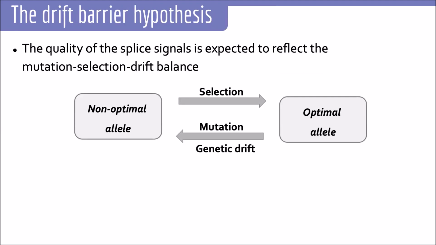And what is expected based on population genetic principles is that the quality of splice signals is expected to reflect the balance between mutation, selection, and drift. So on one side, there is selection that will favor the fixation of optimal alleles, but in the other direction, mutation and genetic drift can lead to the fixation of suboptimal alleles.